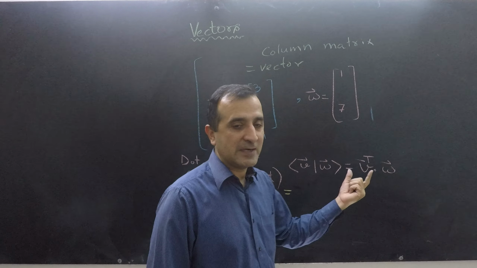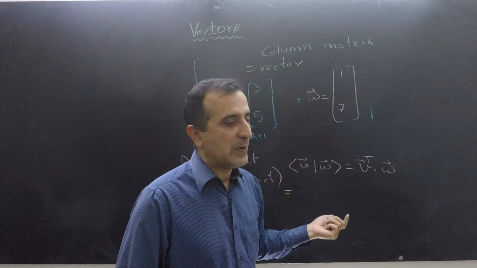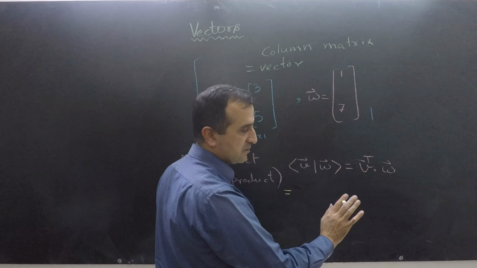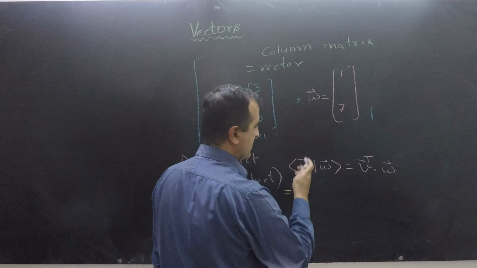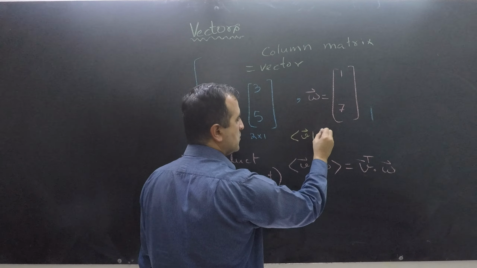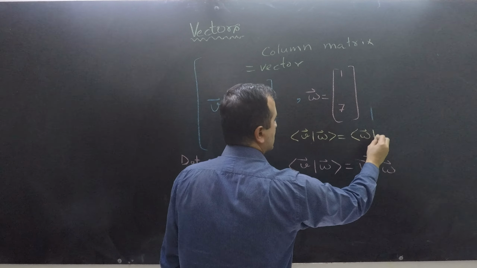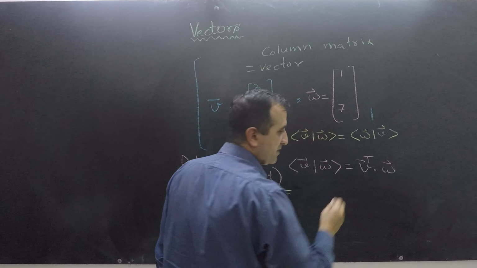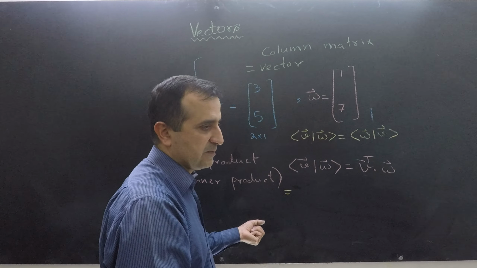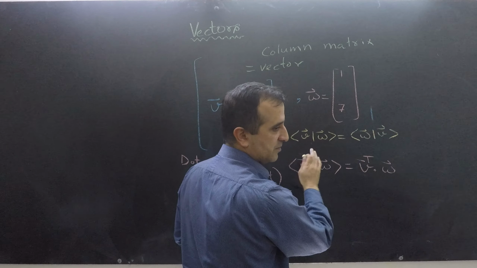The dot product is commutative for real numbers, but not for complex numbers. For real numbers, we can switch their order: the dot product of V and W is equal to the dot product of W and V. I have not yet explained what complex numbers are, so for the time being, these are not always equal to each other.